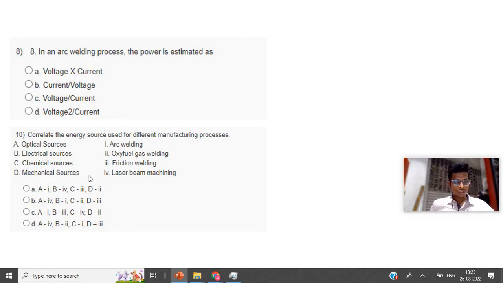So mechanical sources will be like friction welding. So the option will be B: A4, electrical sources arc welding; optical source laser beam welding; chemical source oxy fuel welding, C2; and D, mechanical source friction welding.